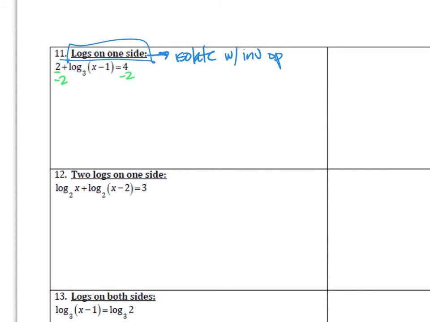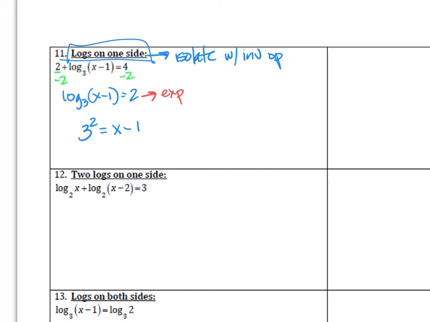We end up with log base 3 of our argument is equal to 2. Now that we have it isolated, we can convert it to exponential. So in this case, our base is going to be that same base of 3. The 2 becomes the power, or 3 to the second power, or 3 squared. Then we're going to have the argument on the right.